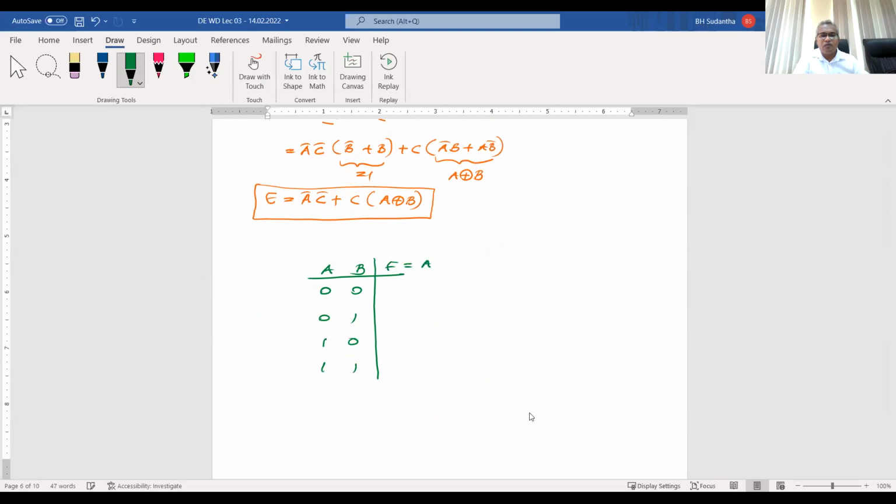This is exclusive OR. The exclusive OR truth table is 0, 1, 1, 0.